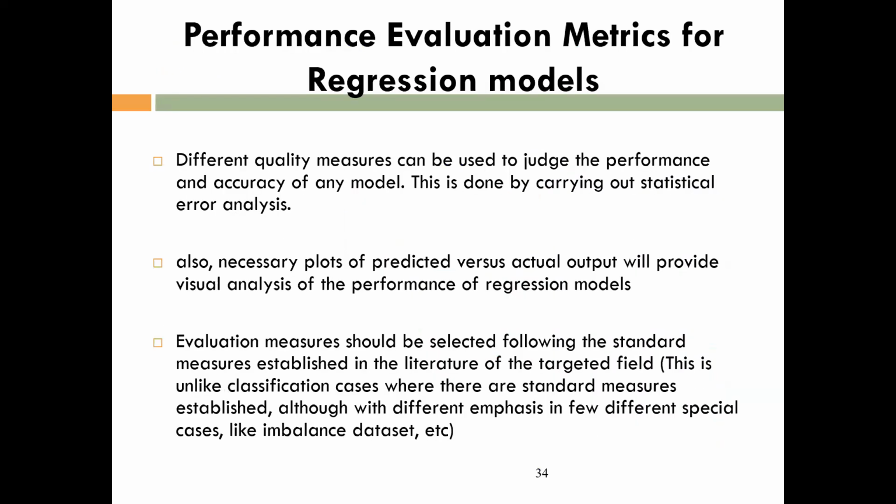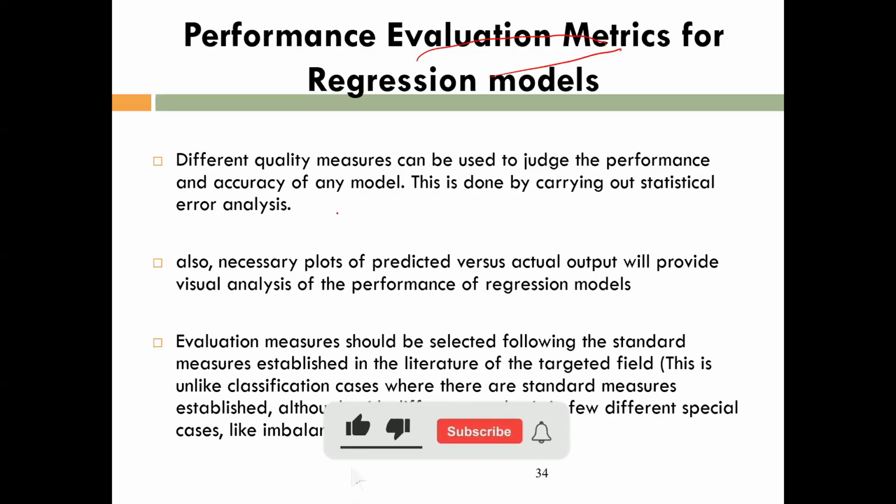Another thing we have to take note of that differentiates classification from regression is the performance evaluation metric that you are going to use. This is also very important. The evaluation metrics are totally different from those of classification. And how do we select the appropriate one to use? There are several evaluation metrics for regression.